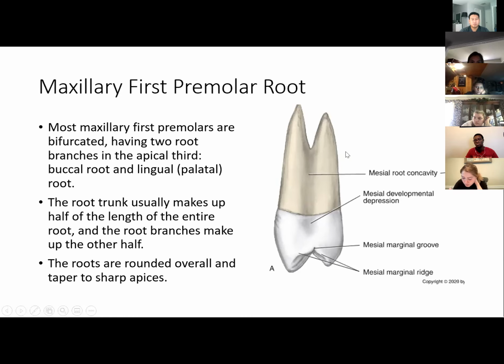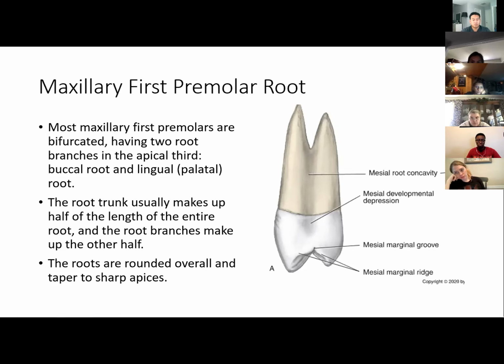So it starts to branch really high up. You see here that there are some concavities, and on the mesial, the depression goes all the way into the crown as well. So when you are feeling with an explorer or a probe in that area, you're going to feel a little bit of a depression when you're feeling those teeth.